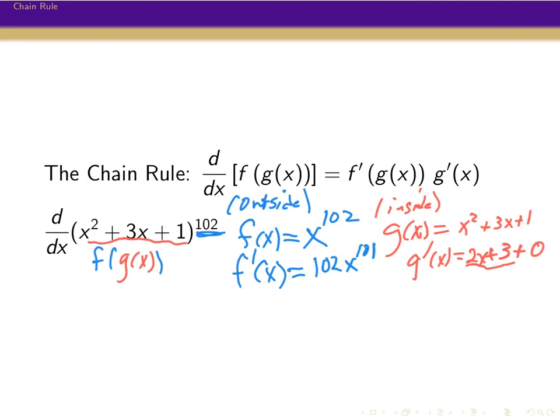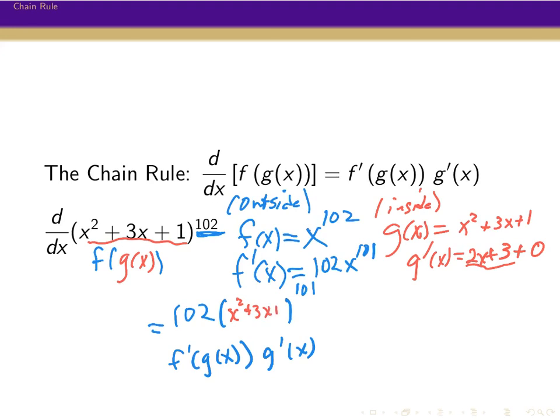Chain rule is f prime of g of x times g prime of x. Well, f prime is 102 times x to the 101. My g is x squared plus 3x plus 1.